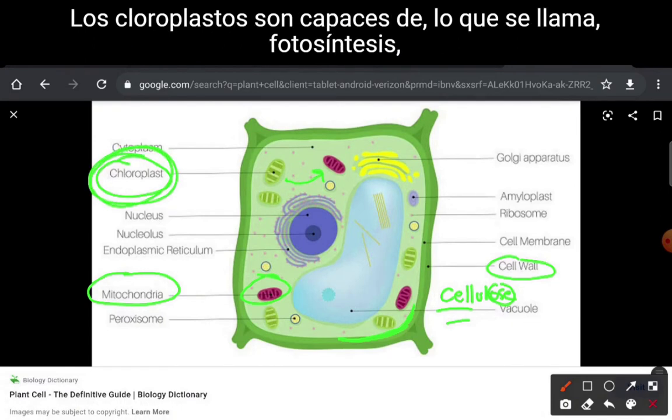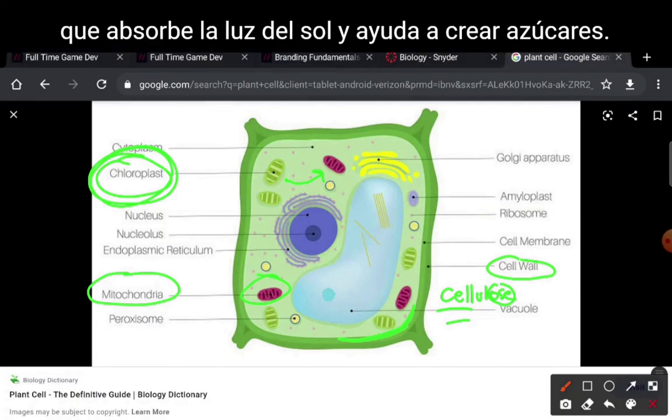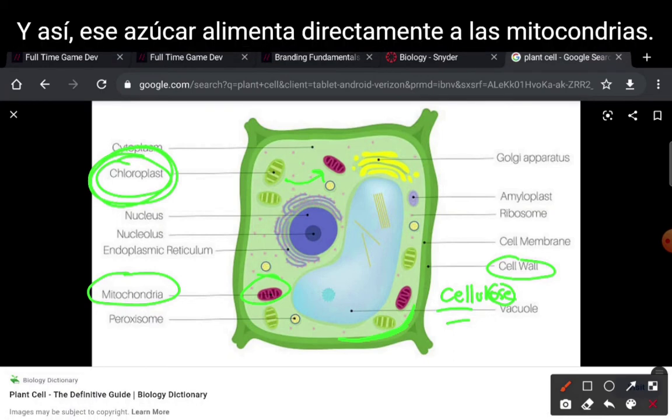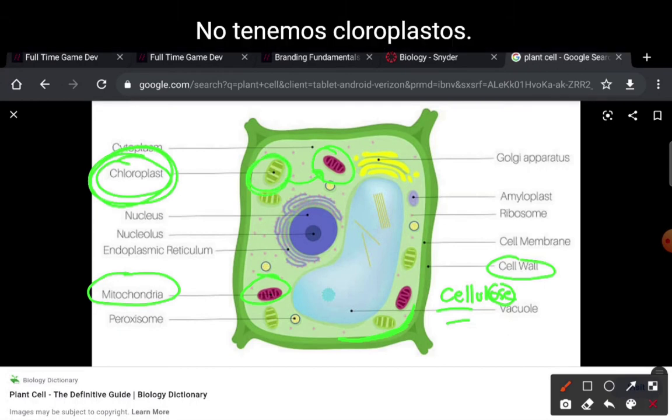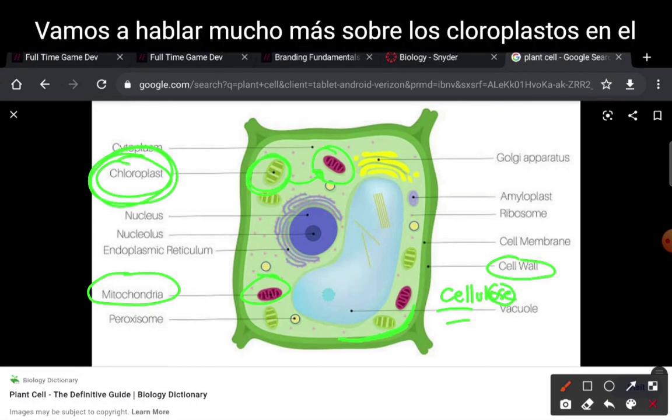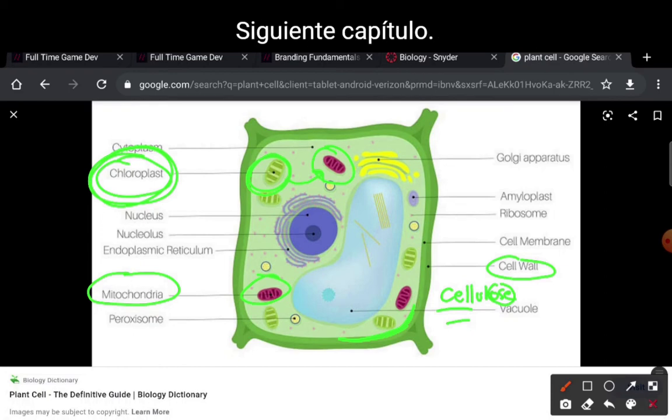Chloroplasts are capable of what's called photosynthesis, which takes in sunlight and helps to create sugars. And so that sugar directly feeds the mitochondria. We do not have chloroplasts. We're going to talk a lot more about chloroplasts in the next chapter.